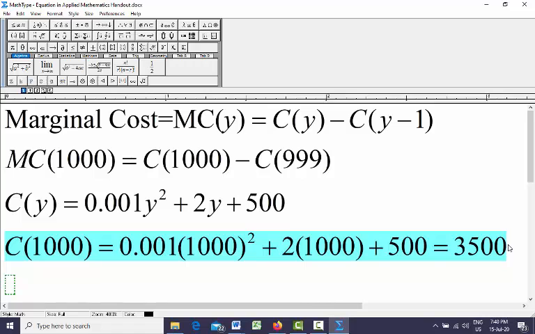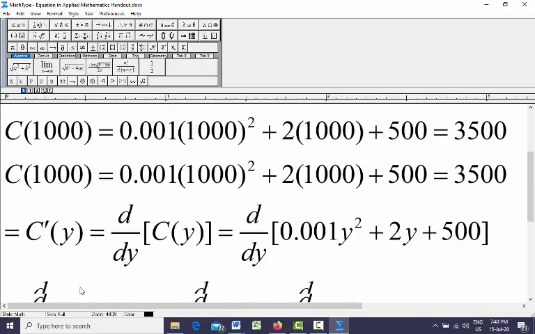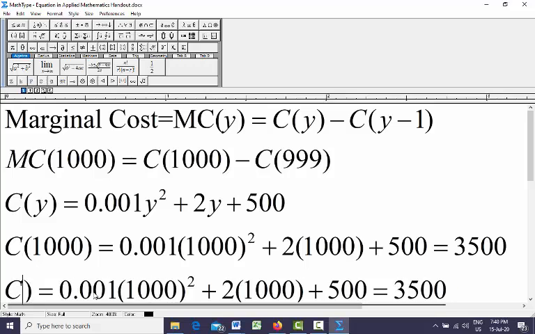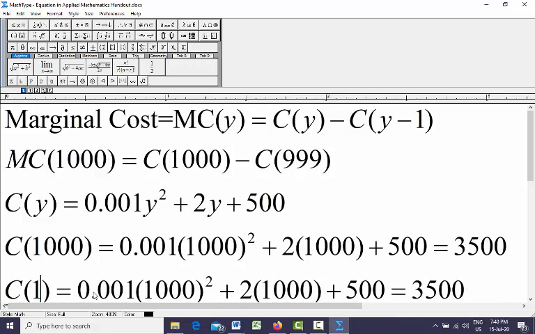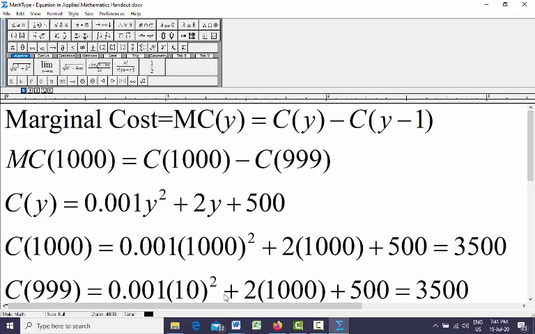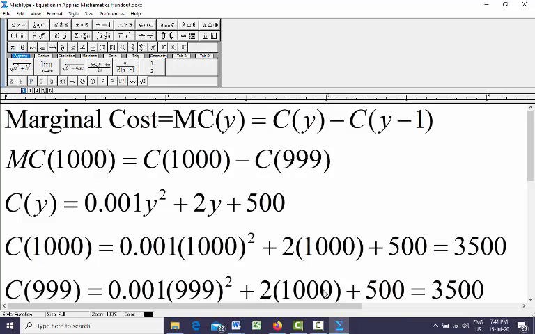Now let us find the total cost of producing 999 units. Similarly, here we will put 999, so the value of y is 999.